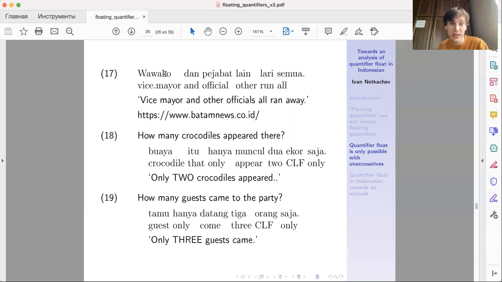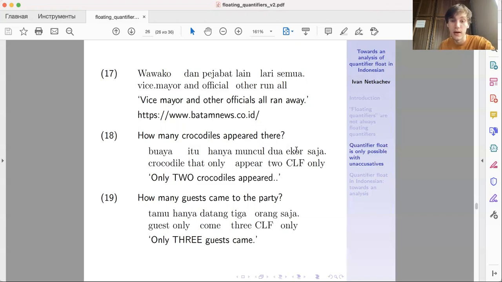In 17, the main predicate is lari, run, and the floating of quantifiers is perfectly okay. In 18, the main clause predicate is muncul, and so the nominal occurs clause initially, while the quantifier occurs clause finally, and the whole sentence is okay.